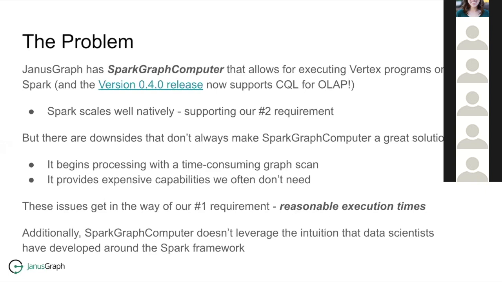So if they want to maybe feed results out of the graph algorithm into some other, maybe machine learning, or maybe joining that and enriching that with another data source that lives in a relational set of tables or Parquet files, that's going to be pretty difficult out of the box with Spark Graph Computer.